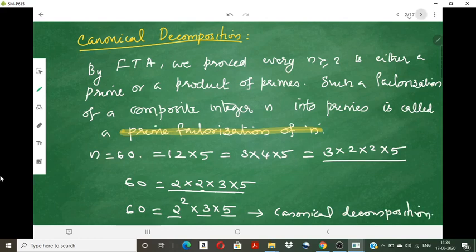Let's write the definition of canonical decomposition.